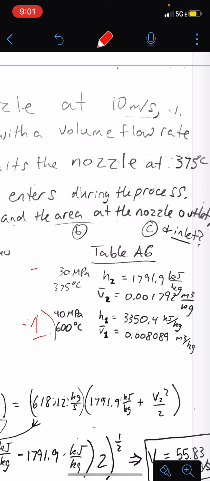Specific volume at 1 is 0.008089 meters cubed per kilogram, and specific enthalpy is 3,350.4 kilojoules per kilogram. And at the outlet, which is 30 megapascal, 375 degrees Celsius, specific volume is 0.001792 meters cubed per kilogram, and specific enthalpy is 1791.9 kilojoules per kilogram.